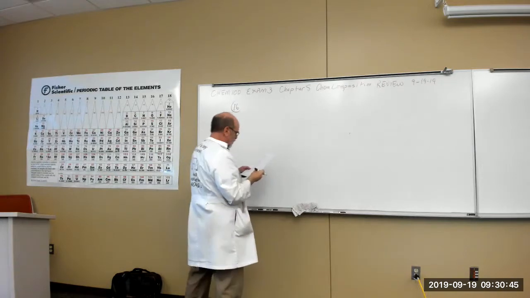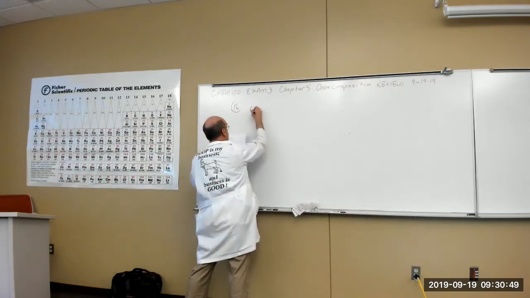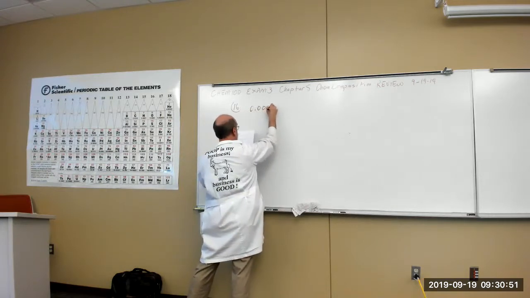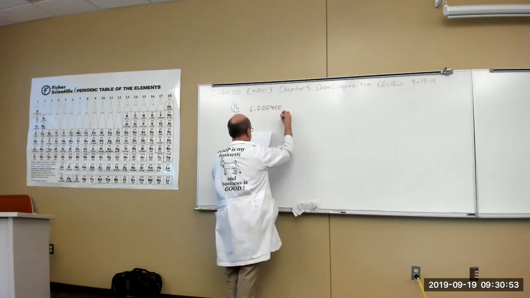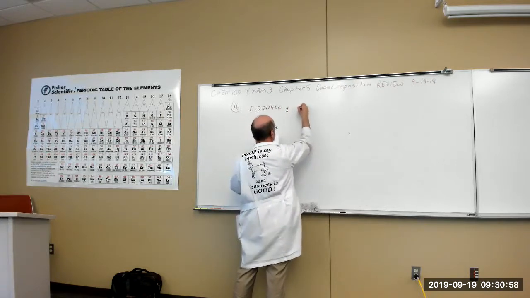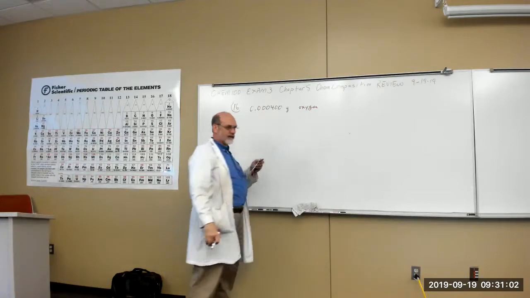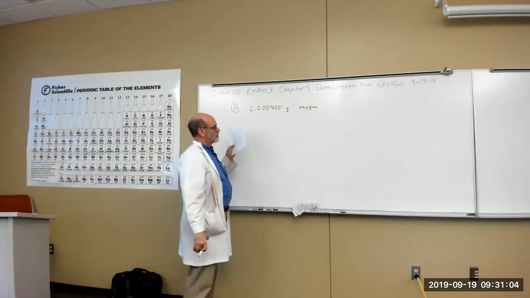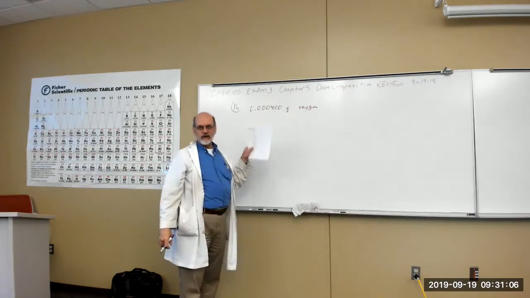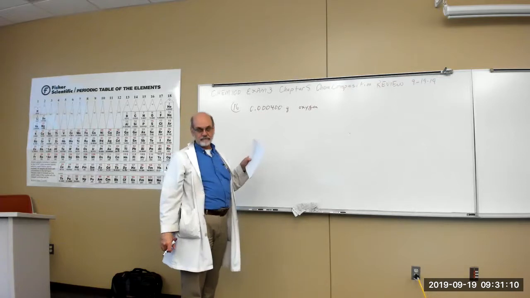Okay, calculate the number of molecules in 0.0000400 grams of gaseous oxygen. So if we're given mass and we need to go to numbers, we're going to have to know the molar mass of oxygen. Right.